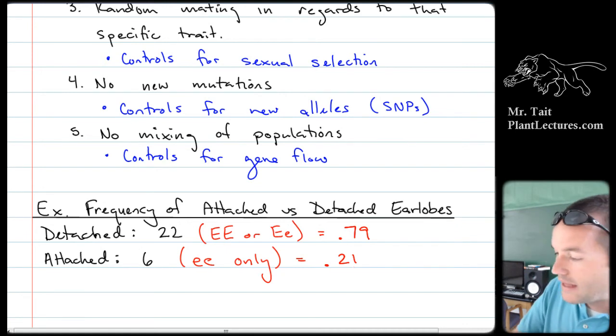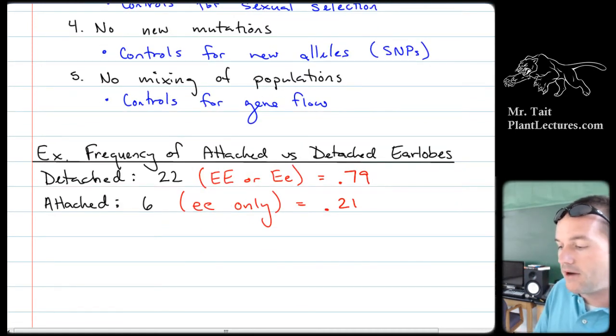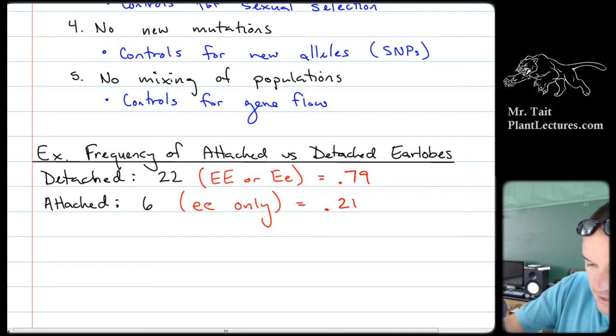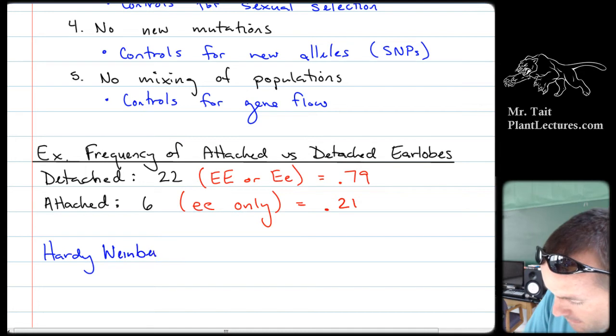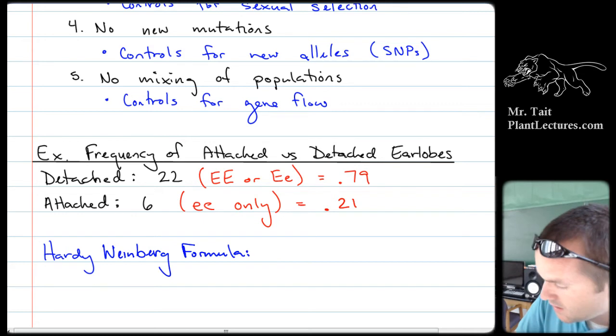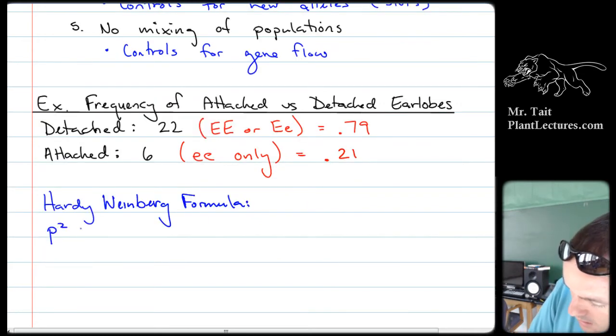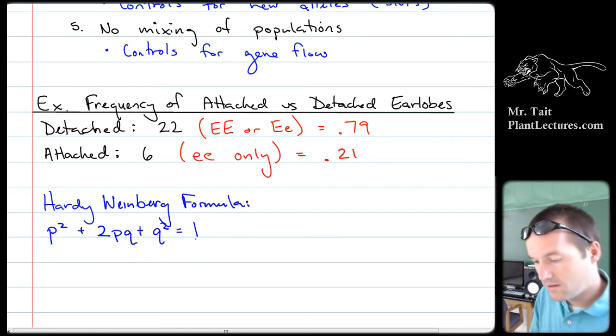All right. So then we want to figure out the frequency of the alleles. In order to calculate allele frequency, we need to use a formula, and the formula looks like this. The Hardy-Weinberg formula. It is p squared plus 2pq plus q squared is equal to 1.